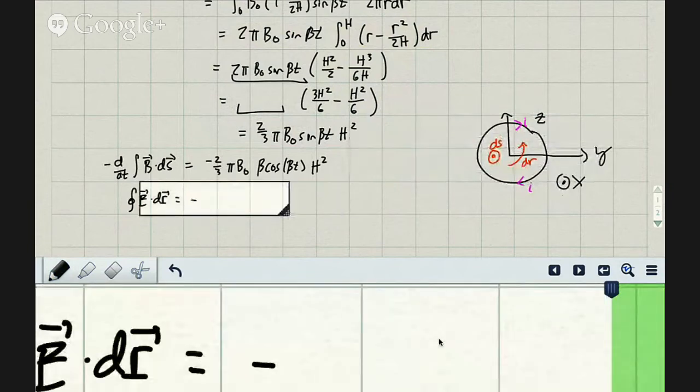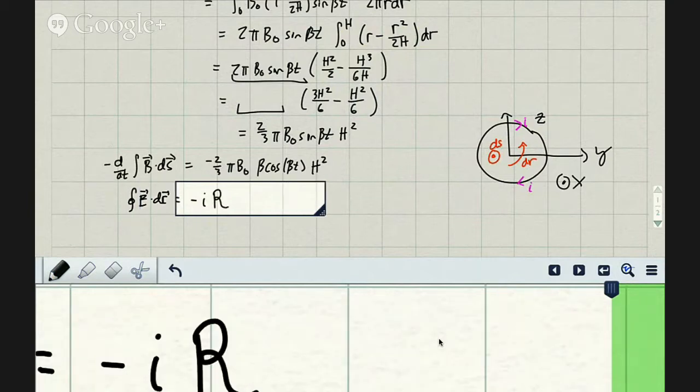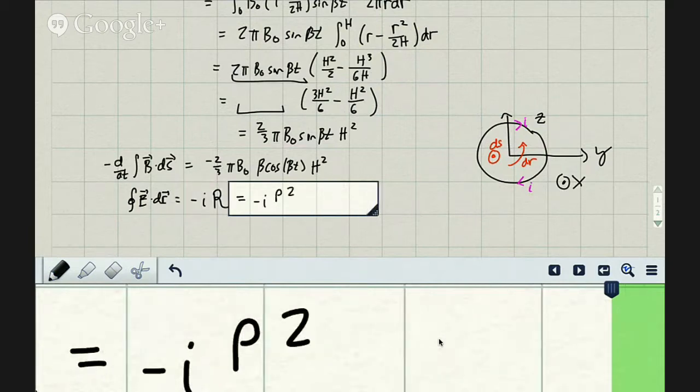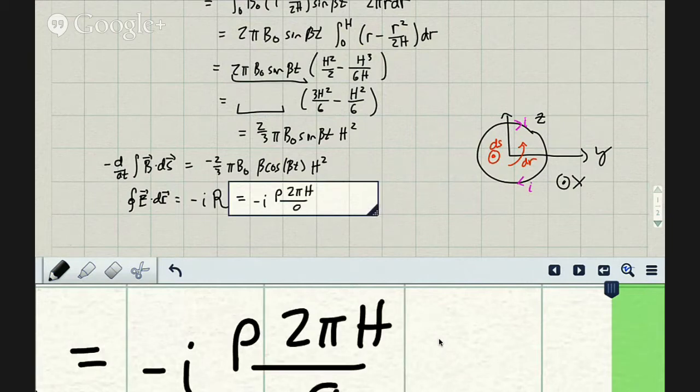So we have minus, and this has a resistance R, but it's written in terms of rho, L, and A. Let's break it down. We have negative IR here. This is negative I rho times the length of the wire, which is the circumference of the ring, 2 pi h, over A. I think that's all right.